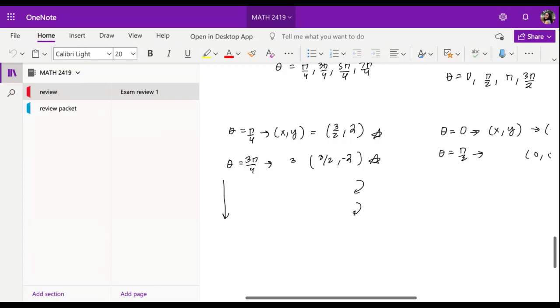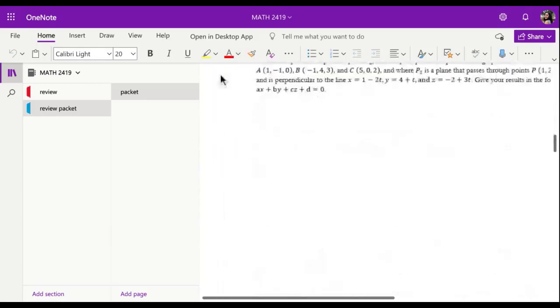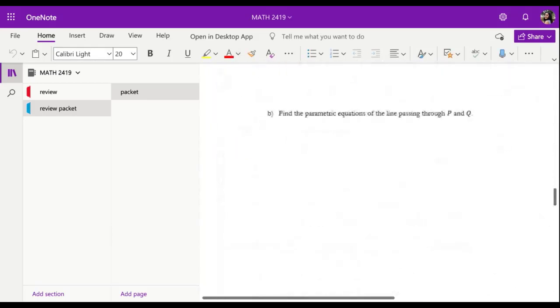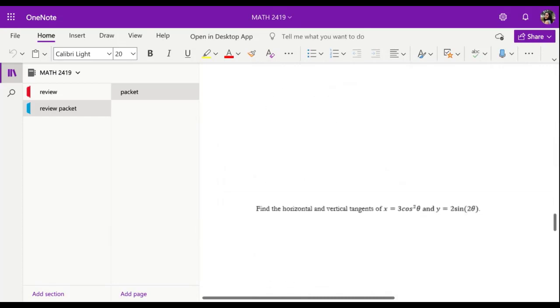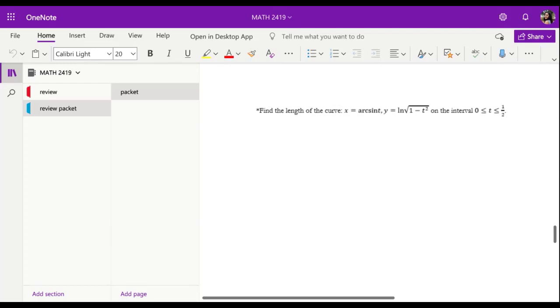Okay, so let's move on to the next problem. Now we will be getting into arc length of a parametric curve. The next question asks to find the length of the curve, and we have two parametric equations, x equals arcsine t, y equals ln square root of 1 minus t squared, over this interval.